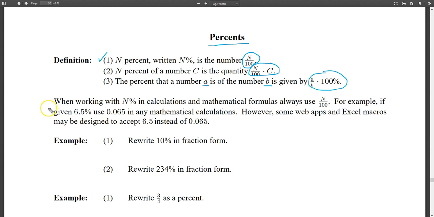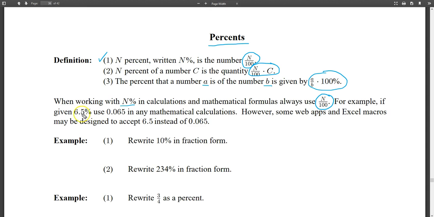Now down here is what I was talking about with respect to number 1. When you're working with n% in calculations and mathematical formulas, so if you have a formula that requires you to input a percent into it, you use n divided by 100. You don't use the actual percent.